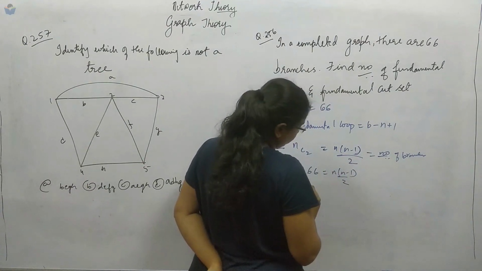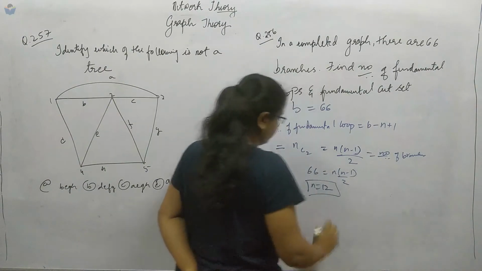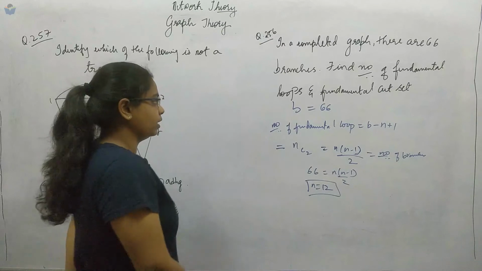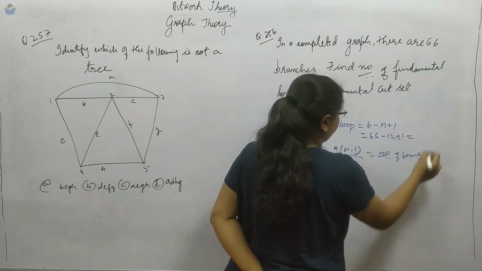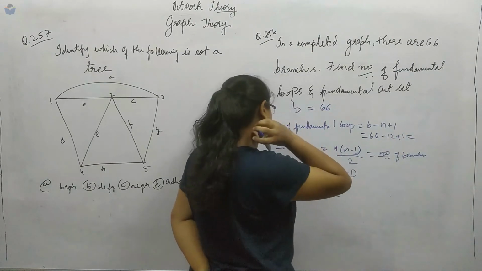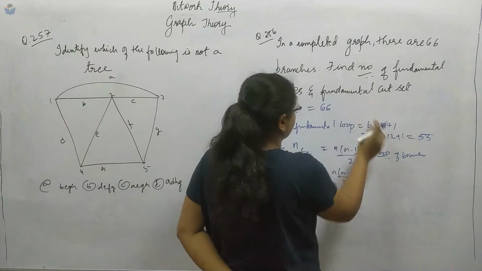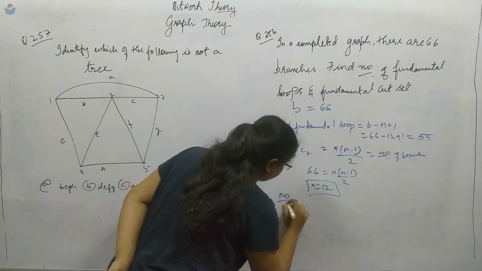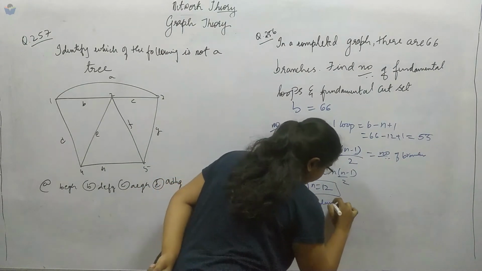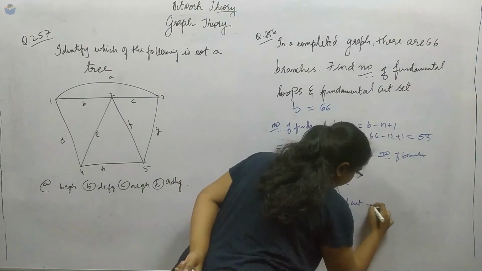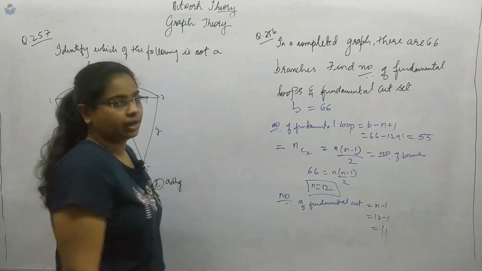So when we solve this one, what we will get? N is equal to 12. Now put it over here. We have 66 minus 12 plus 1. So basically this is equal to 55. So number of fundamental loops is 55 and number of fundamental cut sets will be n minus 1. So 12 minus 1 which is equal to 11.